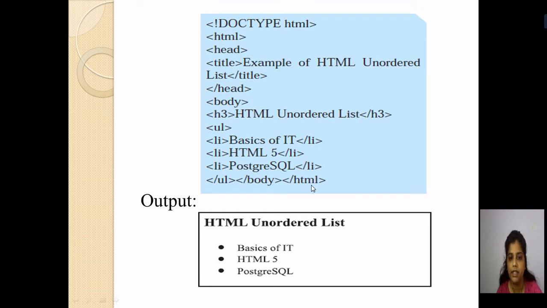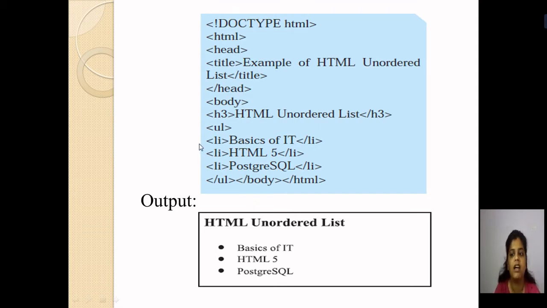The output of the above example is this. Whatever heading I have assigned, that heading is given here, HTML unordered list. As I have used H3, my heading size is not too big, not too small, it is medium. What was the list? As I am using the ul tag, by default a black circle is assigned to each item in my list.